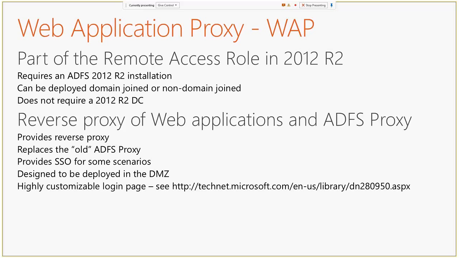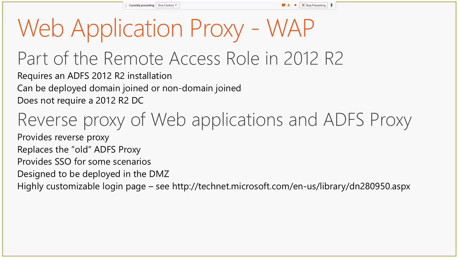So this is going to be replaced by the Web Application Proxy. And the second part that we're actually interested in is the capability to do reverse proxying for us. So we're going to use the Web Application Proxy to perform reverse proxying for us. It's designed to be deployed in the DMZ. Honestly, you can deploy it anywhere you want to. The basic diagram shows it in a DMZ, so that's kind of where I want it to be.